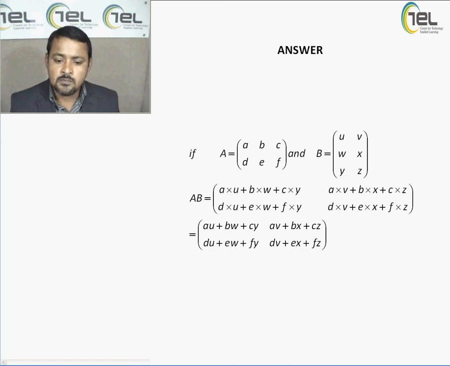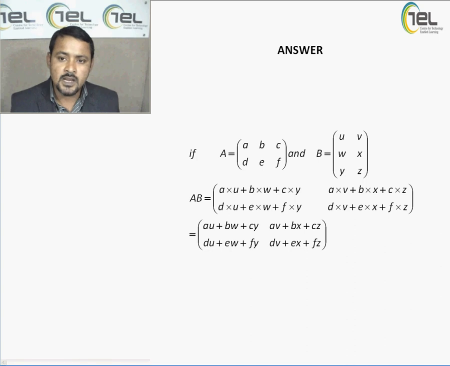We first multiply the first row of matrix A with the first column of matrix B. Then we multiply the first row with the second column and write it in the first row.